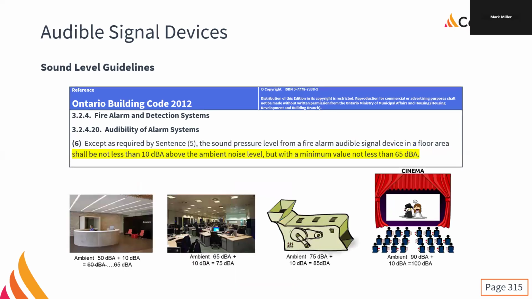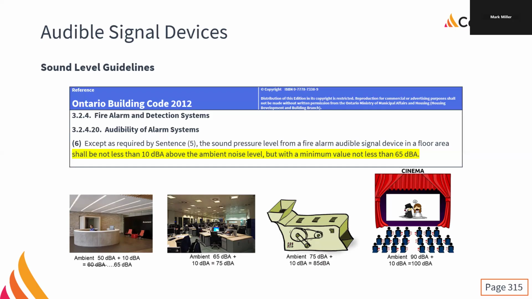Everywhere else, minimum of 65 decibels, but also a minimum of 10 decibels above ambient noise level. Just the noise that naturally exists when the building is just existing and the building is occupied and all that. We need to have at least 10 decibels above ambient. So if we've got a nice quiet reading room or something like that, and it's 50 decibels, we have to be at least 10 decibels above.